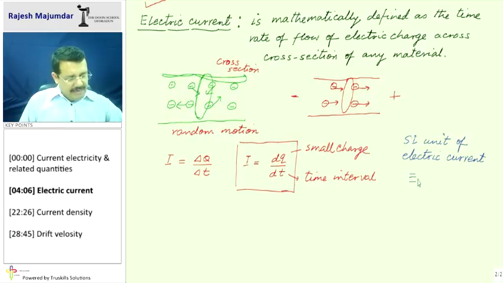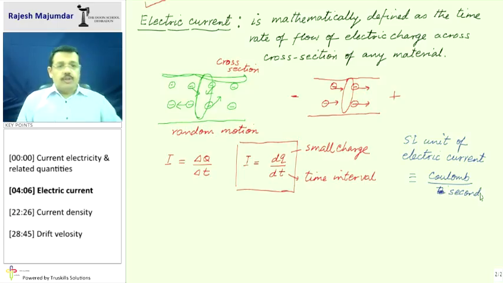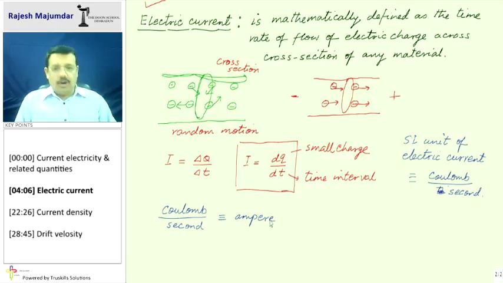Now that will be equivalent to coulomb, because the unit of charge is coulomb, divided by time, the unit is second. So coulomb per second is the SI unit of electric current, and we call this coulomb per second ampere.